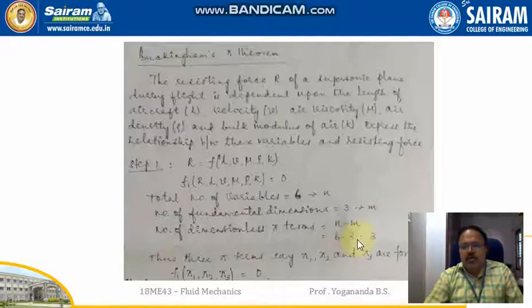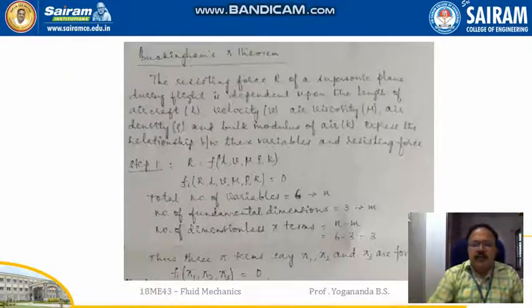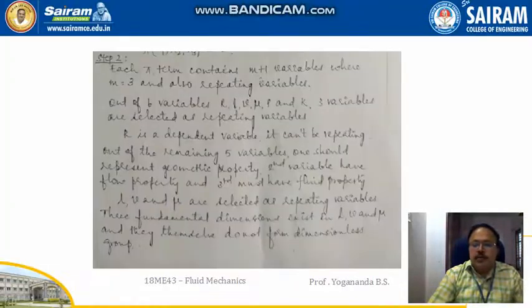So in this particular problem, the number of dimensionless pi terms will be 3. Thus there will be 3 pi terms, which we write as f1 of pi 1, pi 2, pi 3 equal to 0. If we have 4 pi terms, then we will have pi 1, pi 2, pi 3, pi 4 equal to 0.